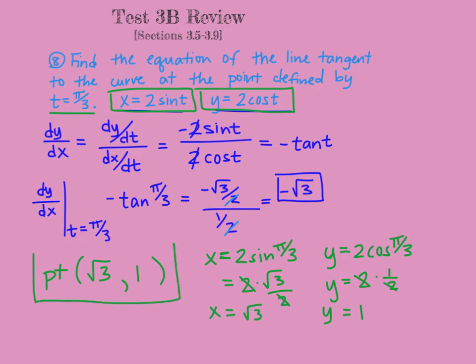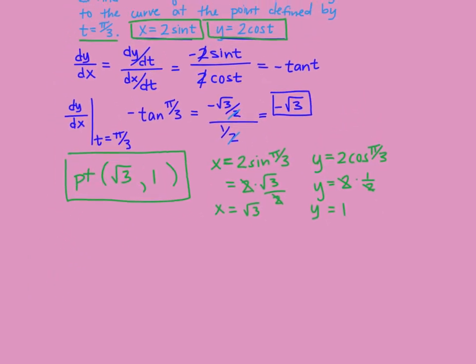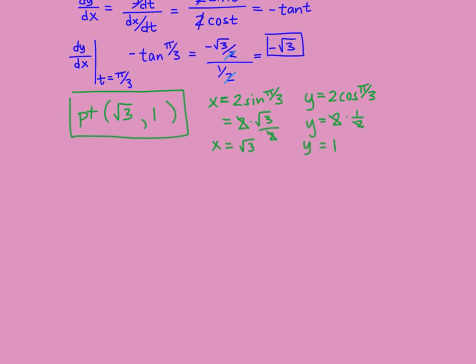So now we have a point and a slope. Then we need to go into point-slope form. Point-slope form is y minus 1 equals our slope times x minus root 3.